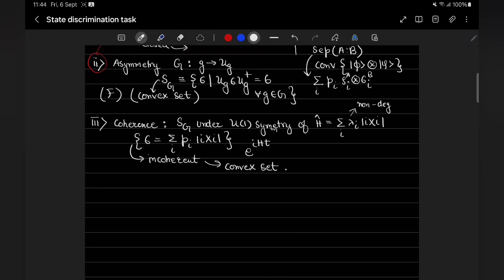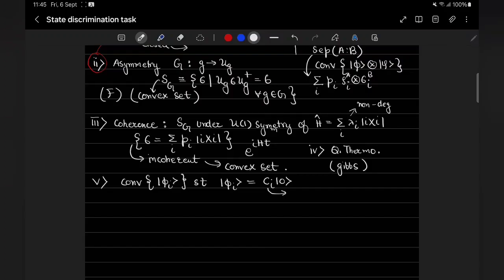Further, there is another example which is very useful, in quantum thermodynamics, where you have the Gibbs state, which is a convex set because it is just a single point. Then you have an example from quantum computation, where you have the convex hull of phi_i states, such that the state phi_i is generated from the Clifford group acting on the zero state.